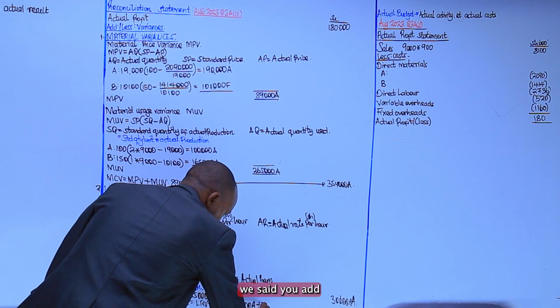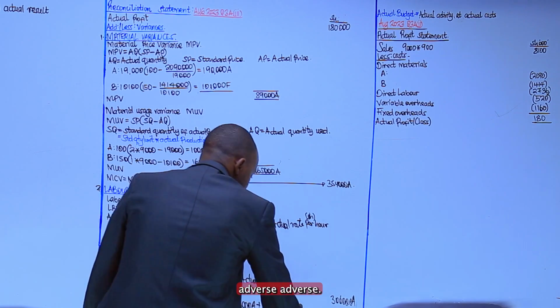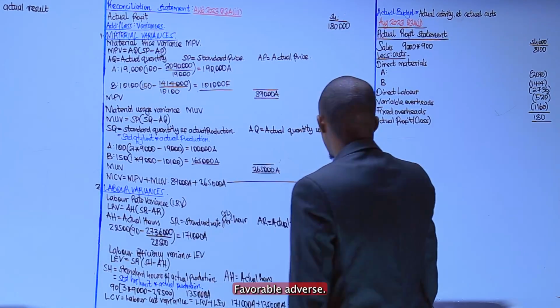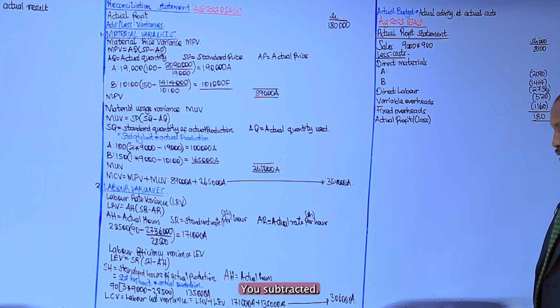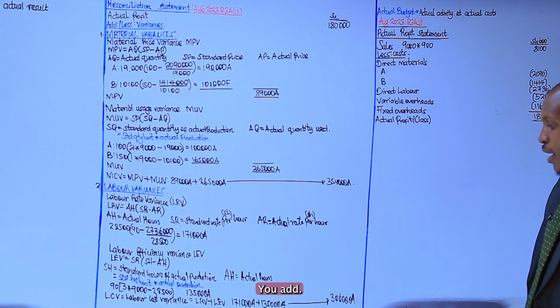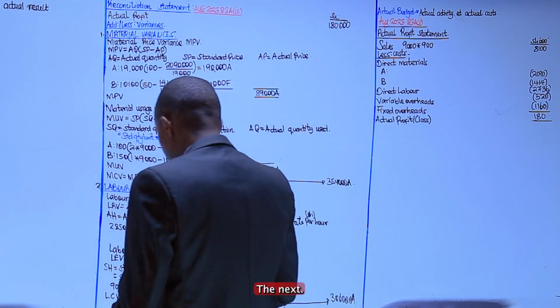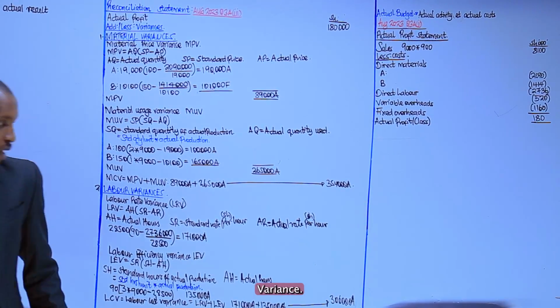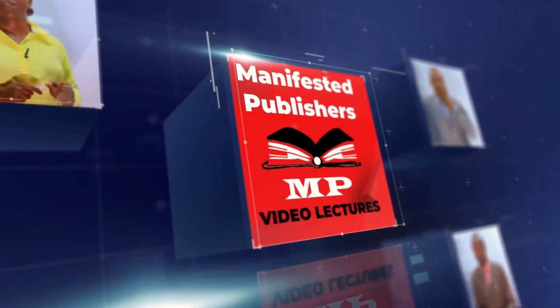Remember, we've said you add adverse and adverse; favorable and adverse, you subtract; favorable and favorable, you add. The next variance is our labor variances.